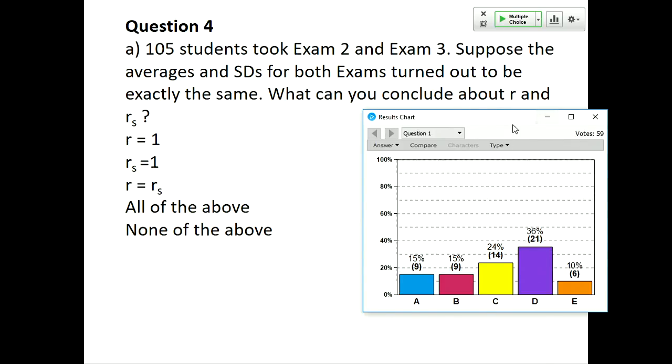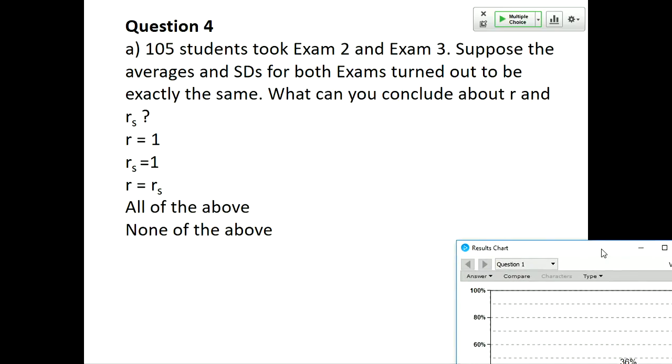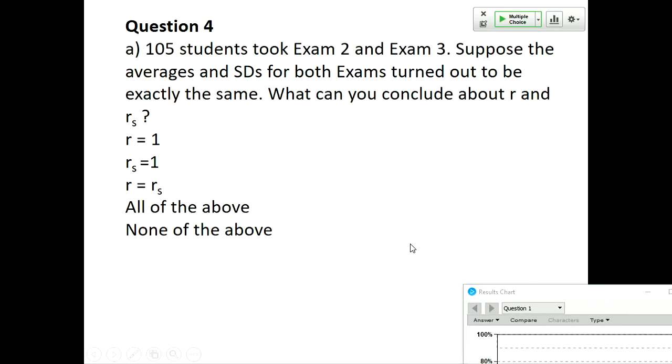So let's think about that. Why is it none of the above? Well, think about it this way. Let's say I told you that your final exam scores had the same average and standard deviation as our exam 2 scores.